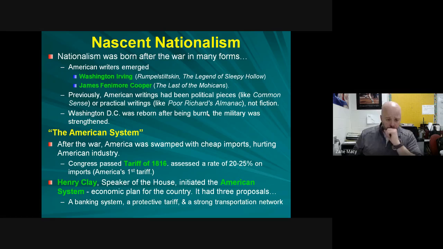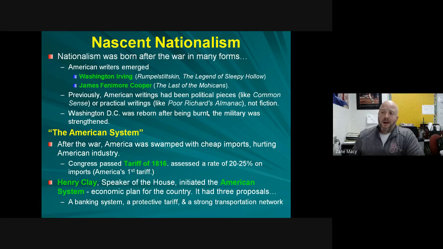In the years following the War of 1812, or after the burning of Washington, D.C., the city ends up being rebuilt. Our military force, because we had now fought a second war against Britain on our own soil, we see again it's time to undo what Thomas Jefferson had done and rebuild, strengthen the American military, continue to rebuild the U.S. Navy, rebuild the Army.